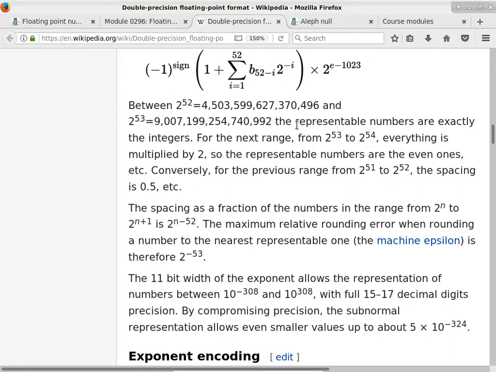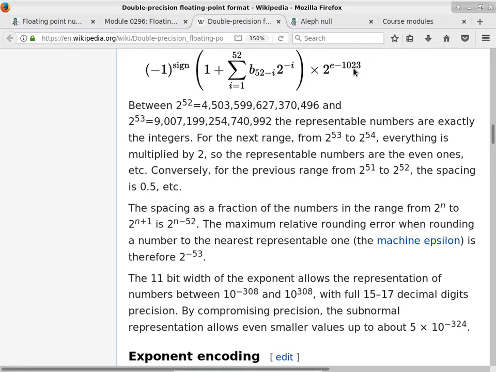Sign is a 0 or 1, and then we have 1 plus some fractional part. But what we really want to focus on is this part, the mantissa, which is between 1 and 2. This is the scale, which is 2 to the power of e minus 1023.